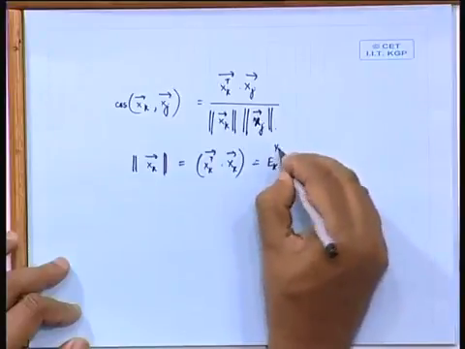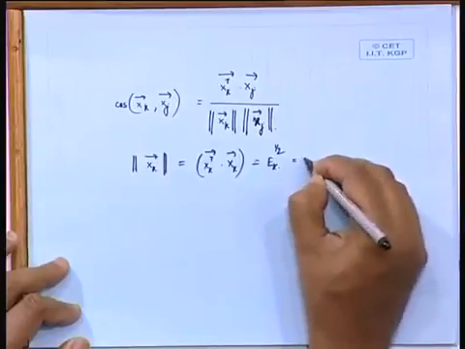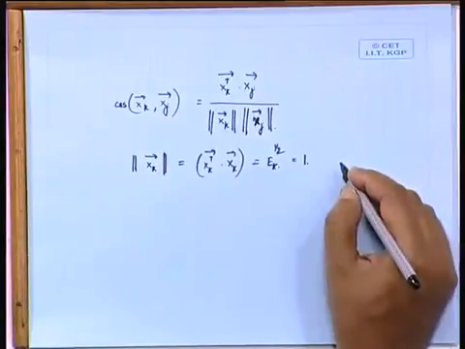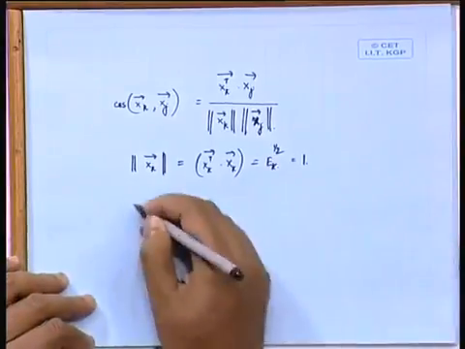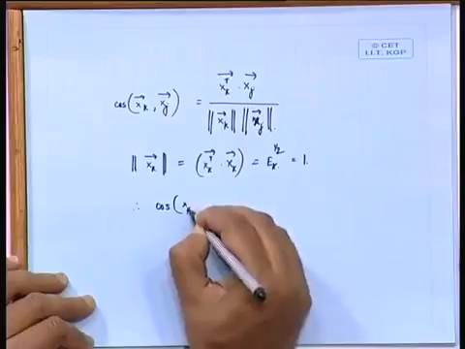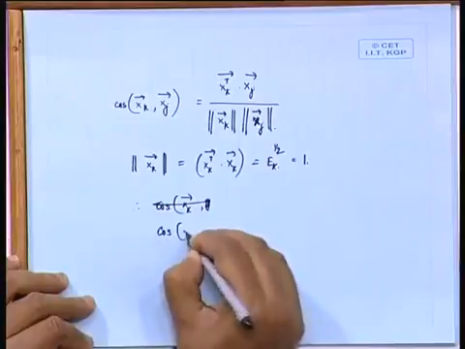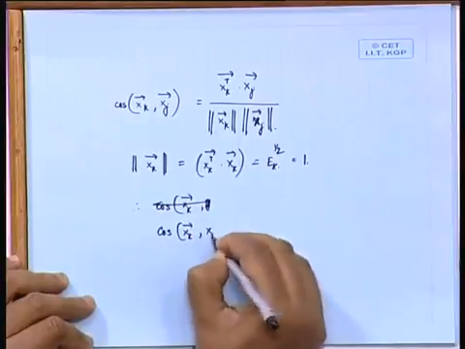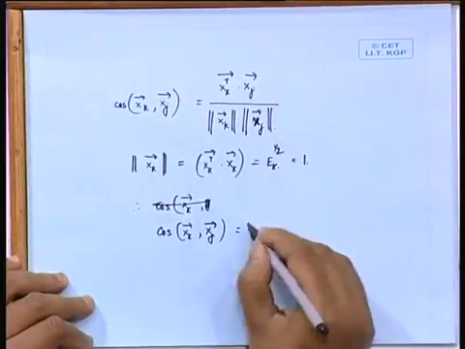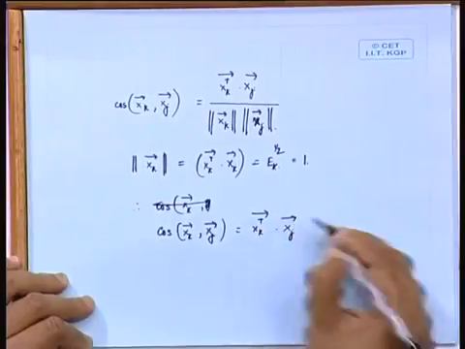In this case, in fact, it will be ek to the power half, and this is equal to 1, by what we are assuming of this one having unit energy. So, therefore, we get the cosine of xk comma xj simply by the numerator term, that is xk transpose xj vector.